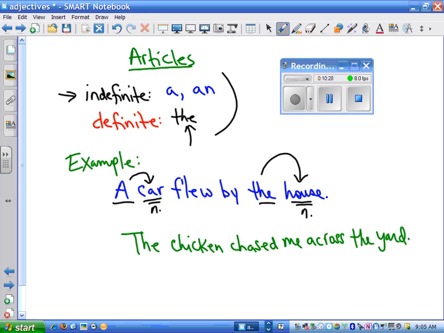Okay, so hopefully it was, as I thought, a simple matter. The and the. And notice again, they're describing the nouns in our sentence. The chicken, the yard.